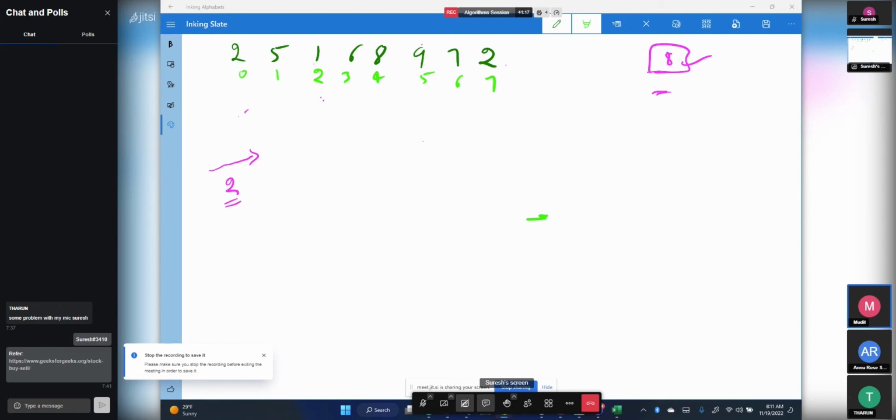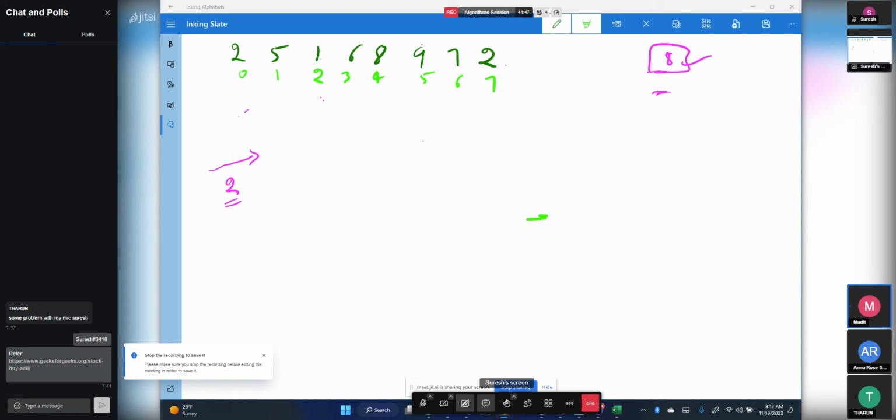Then we move to the next number, that is 5, and we will calculate. Suppose the index is 2, and then we will find the maximum from index 3 to 7 again. So what will be the maximum again? 9. Again, it will be 9, so the profit will be 4, 9 minus 5.